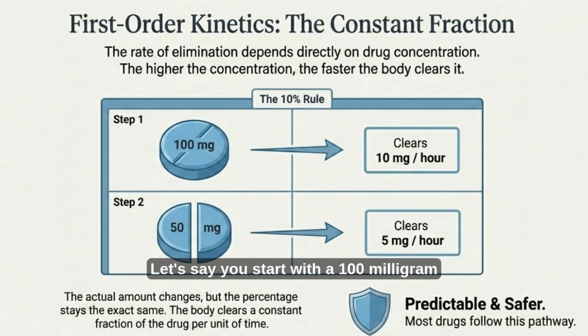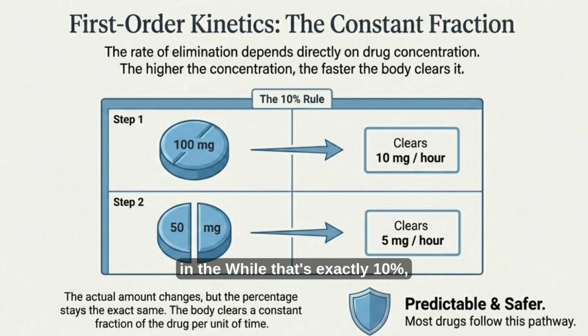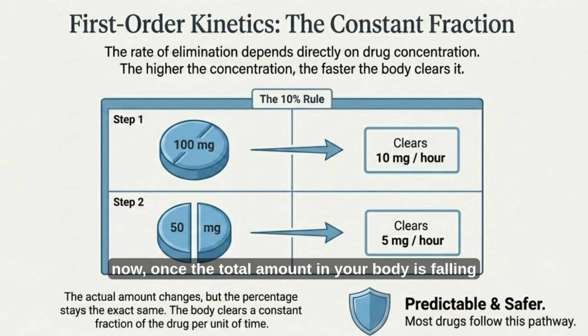Let's say you start with 100 milligrams of a drug in your system and your body clears 10 milligrams in the first hour. That's exactly 10%. Now, once the total amount in your body has fallen to 50 milligrams, your body clears 5 milligrams in an hour.